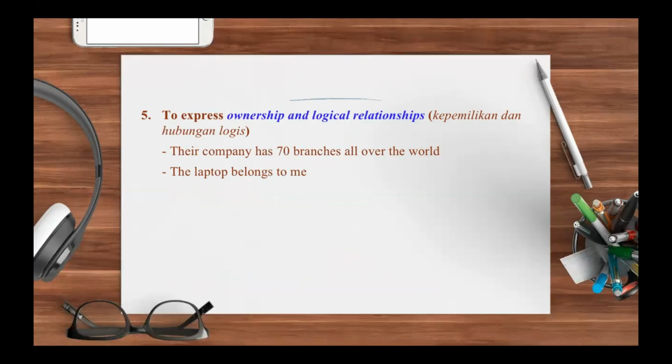Number 5, to express ownership and logical relationship. For examples, their company has 70 branches all over the world. The laptop belongs to me.